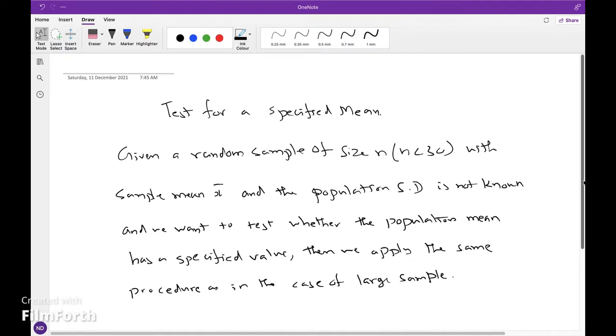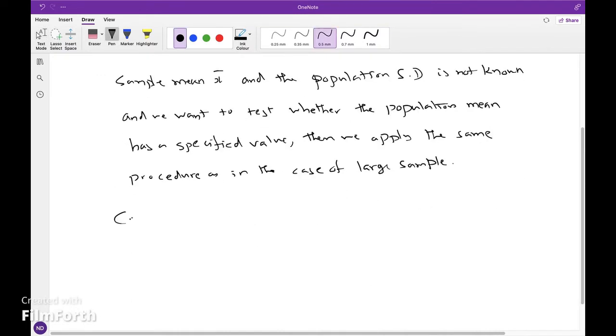Case 1, two-tail test. Null hypothesis H naught: mu equal to mu naught. The alternative hypothesis H1: mu is not equal to mu naught.